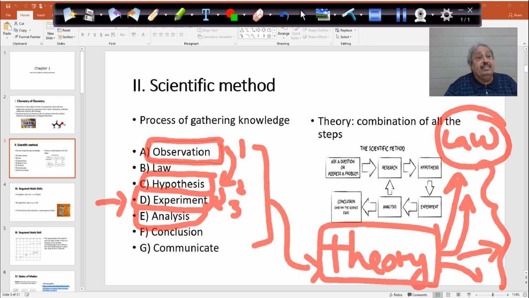This is it. That's a scientific law, correct? A scientific law cannot be rejected, because it came from the effort of many years and many scientists and many scientific communities.